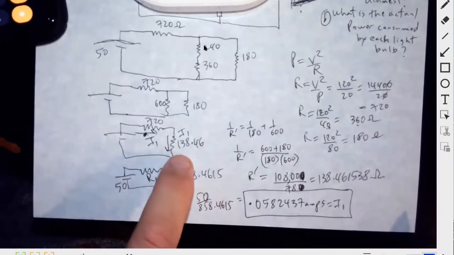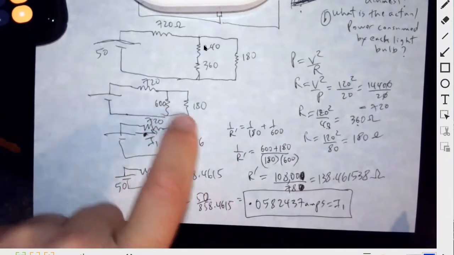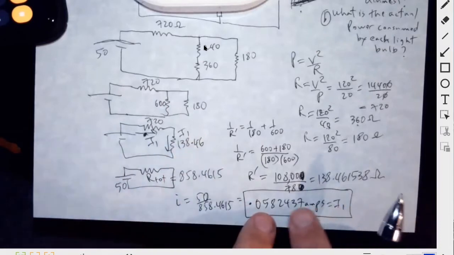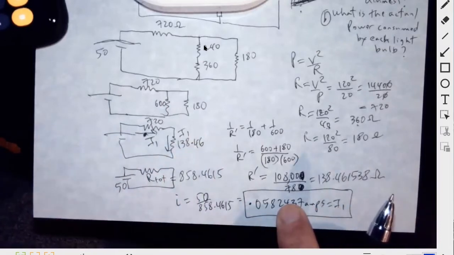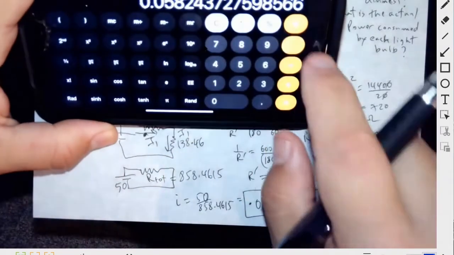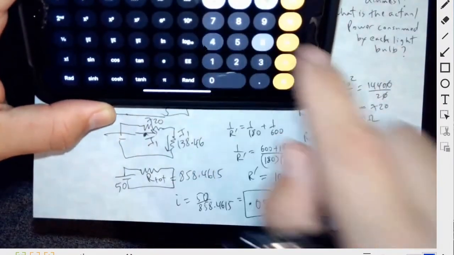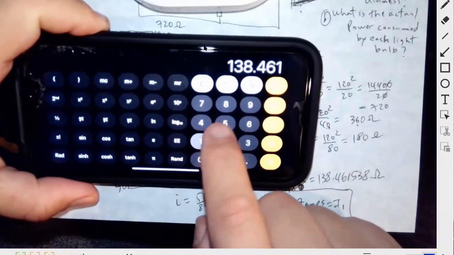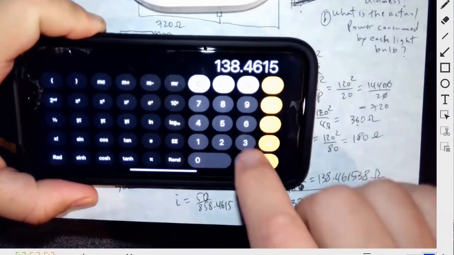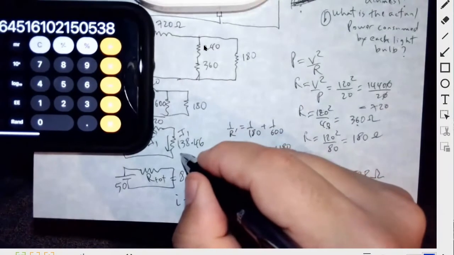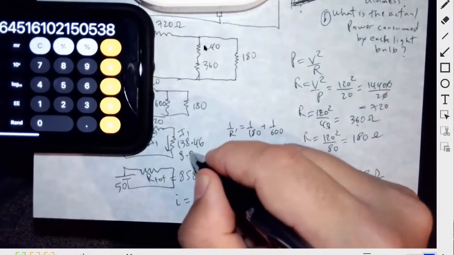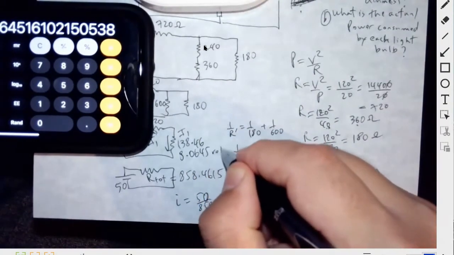Then I'll say, okay, the voltage of this guy is going to be this number times 138.461538. So that's going to be 8.0645 volts.